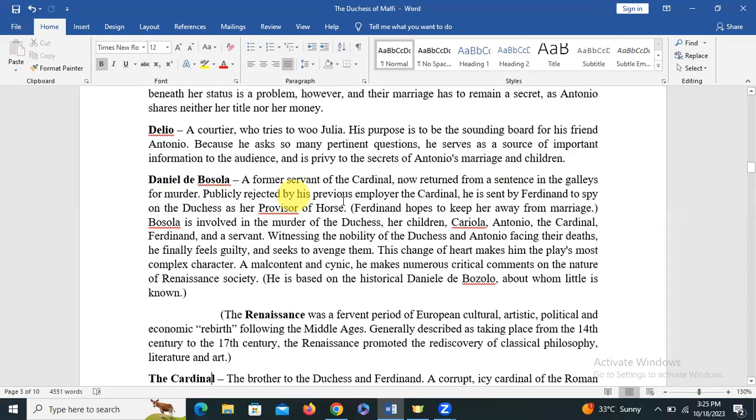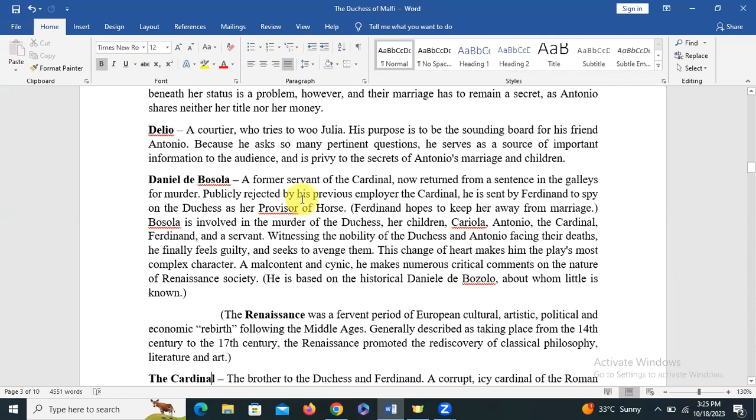Publicly rejected by his previous employer, the cardinal, he is sent by Ferdinand to spy on the Duchess as her provisor of horse. Publicly it wasn't known, because he was their former servant.